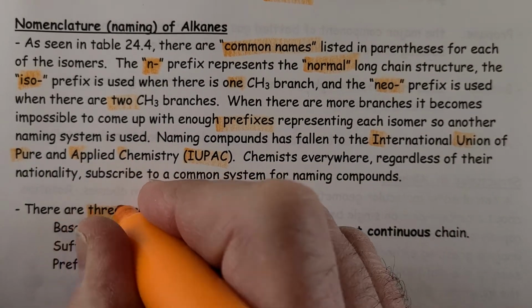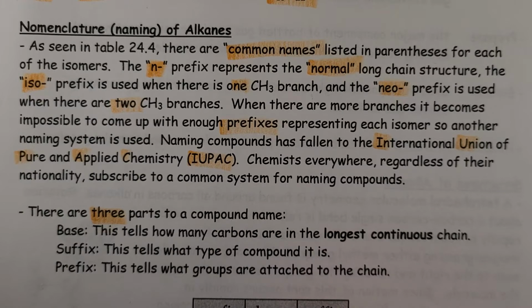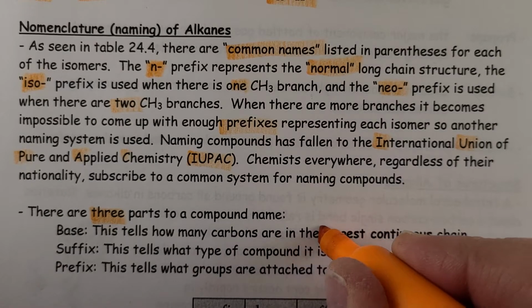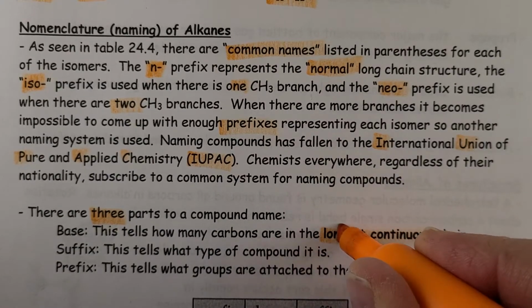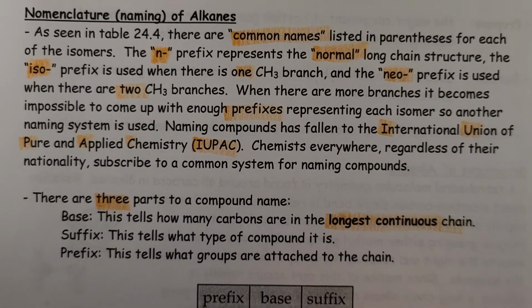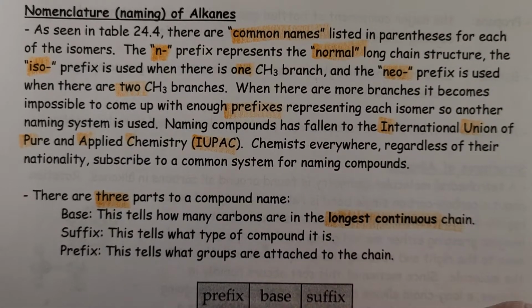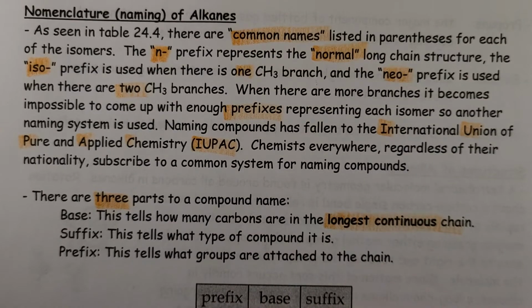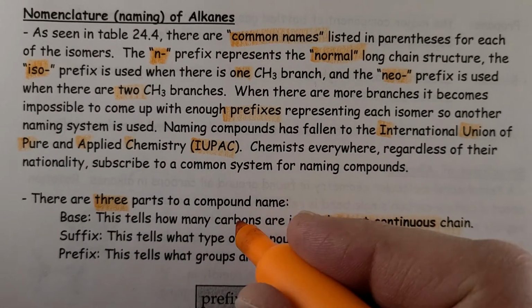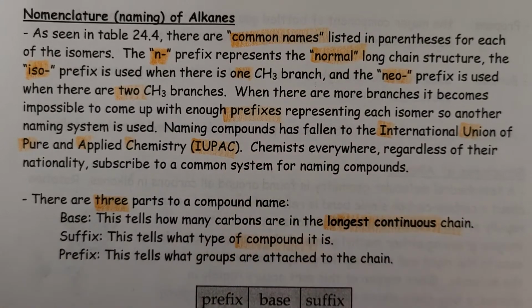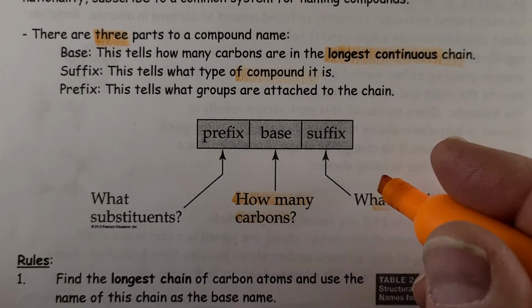There's basically three parts. We have the base, which is the longest continuous chain that we can make, and it comes from how many carbons are joined in that one longest chain. Then the suffix at the end tells us what type of compound it is, so it's referring to what family.